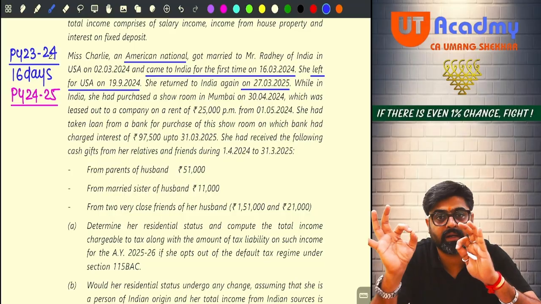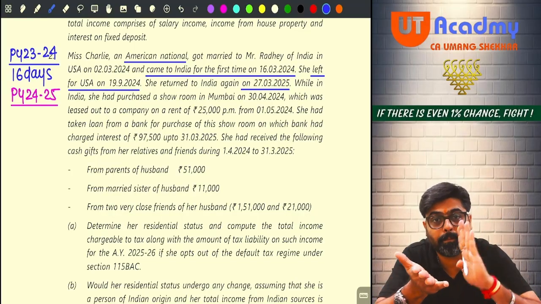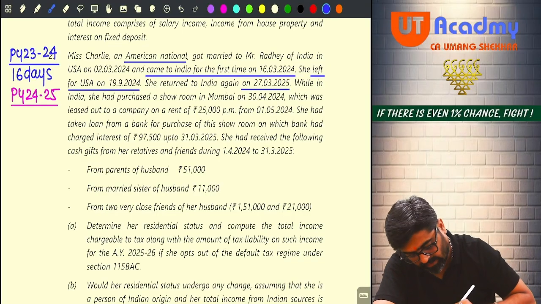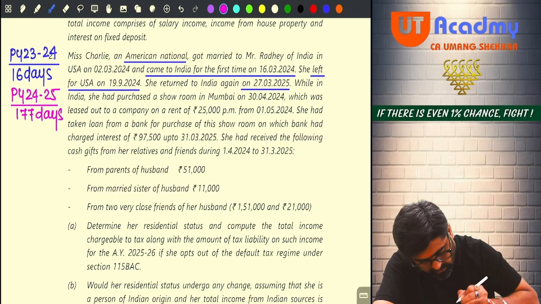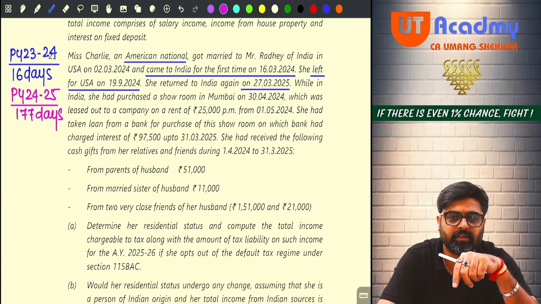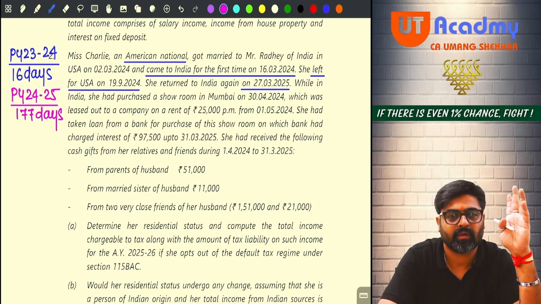Total stay is 172 days plus 5 more days. So her stay in India in 24-25 is how many days? 177 days.